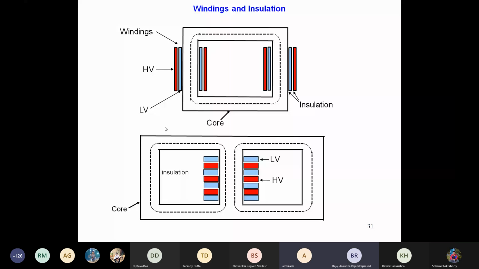So the inner diameter of the high voltage winding will be more than that of the other coil. So the low voltage coil will go inside the high voltage coil. So the winding is like a helix type? Yes. So the inner helix diameter will be lower than the outer helix inner diameter. So that is how they are made.